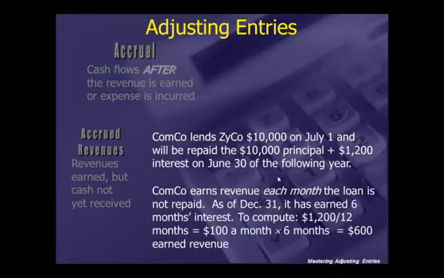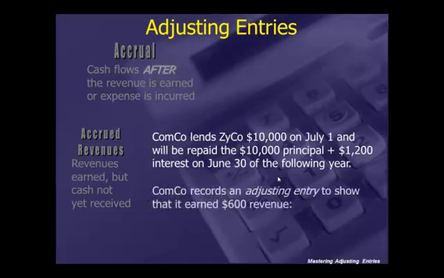All right, so what we want to do is take the $1,200, divide by 12. That will give us $100 a month of interest. We can multiply it times 6 months, and between July 1 and December 31st, we have $600 of earned revenue. And so there needs to be an adjusting entry made to show that $600 of interest revenue has been earned.